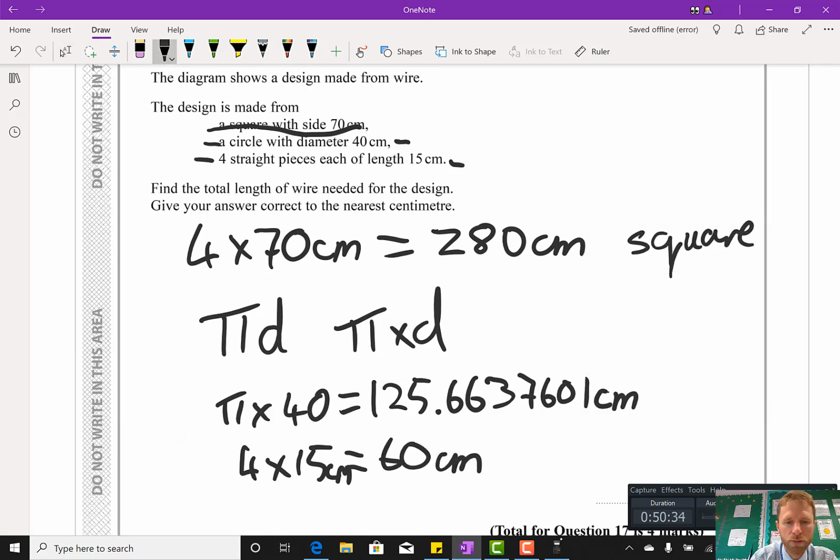Okay, exam technique. I've done some maths, check the question, have I answered the question? Find the total length of wire needed for the design.